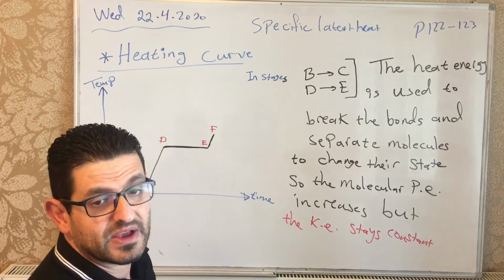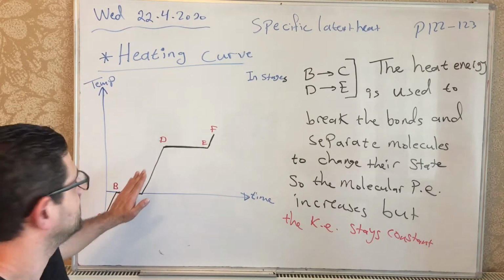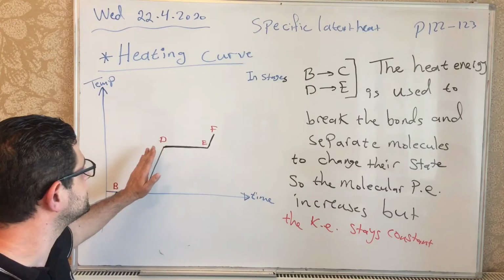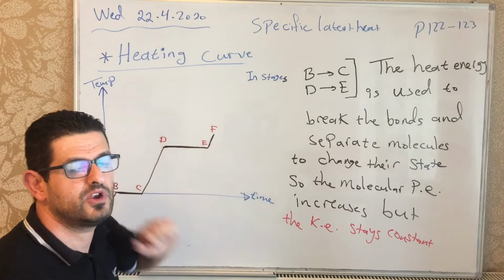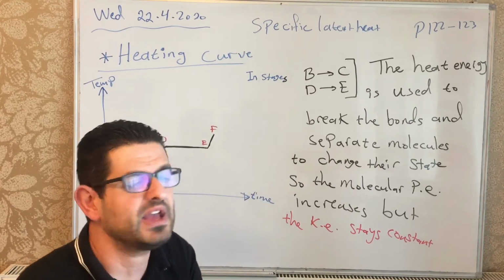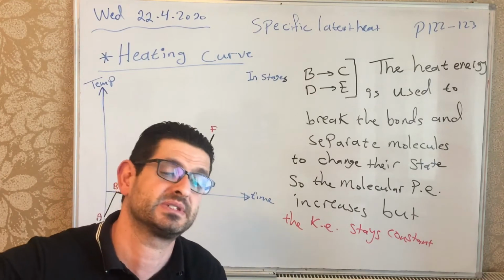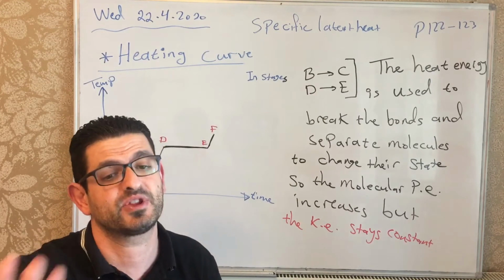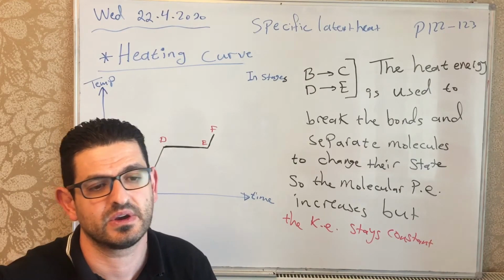In stages AB, CD, and EF, there is no change in state. In all of these three, the heat energy is used to increase the kinetic energy, so the temperature is increasing. But the potential energy, nothing happens. It stays constant.